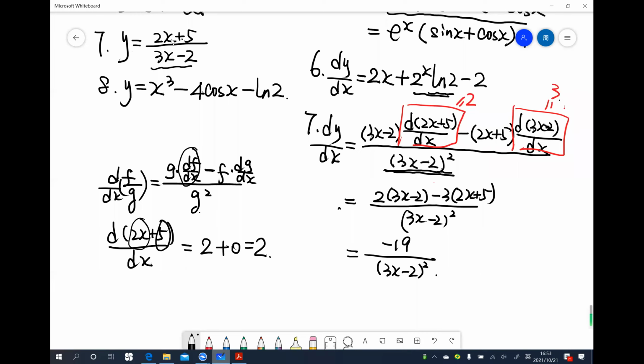So we have this step. And then we just simplify it. Here, that is 6x minus 4 minus 6x minus 15, right? And 6x can be cancelled. So here, that is minus 19 by (3x minus 2) squared. Okay. Other question?